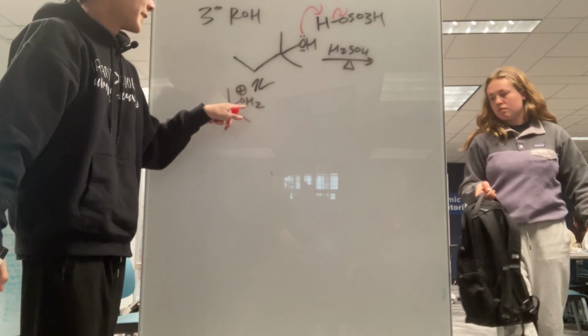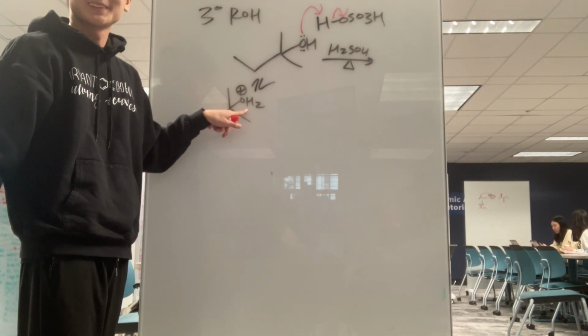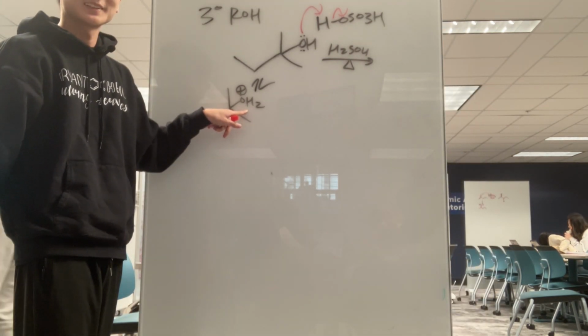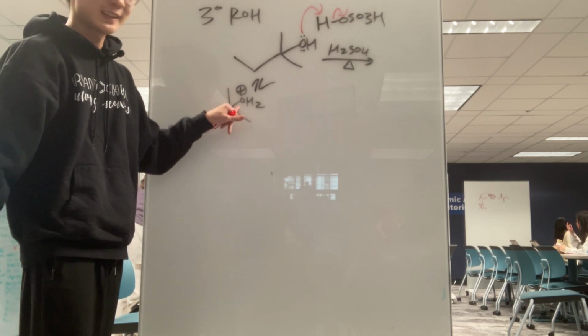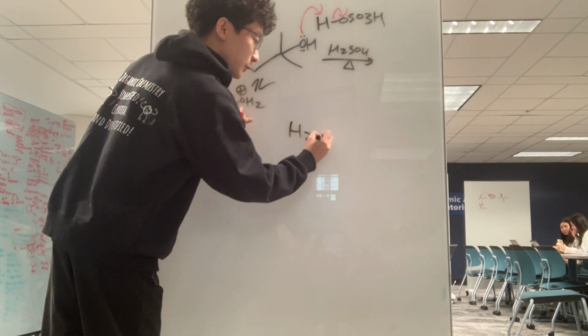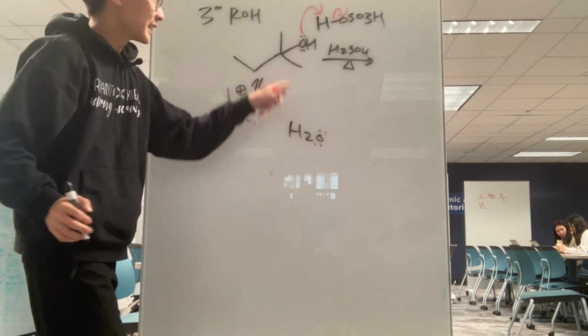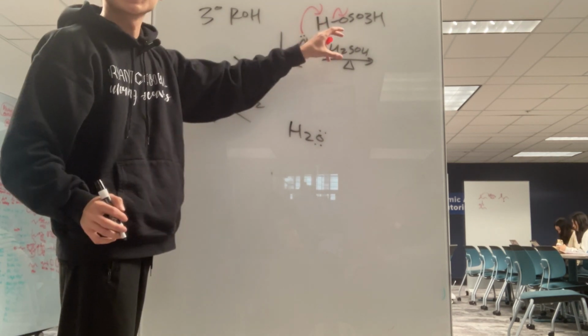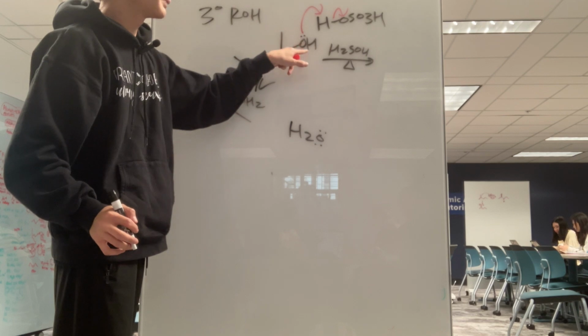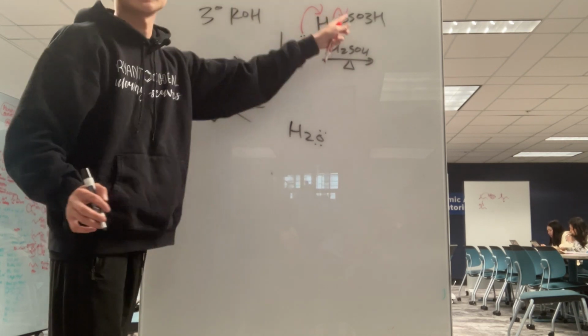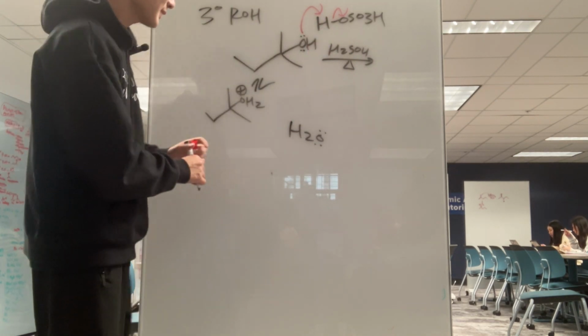This is a good leaving group now, because it's positively charged. When it leaves, it leaves with that pair of electrons as a neutral water molecule, which is stable. If the OH leaves by itself, it leaves as OH minus, which is not stable. So the point of the first step is to convert this bad leaving group into a good leaving group by protonating it with the strong acid.